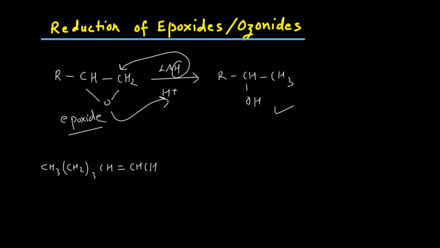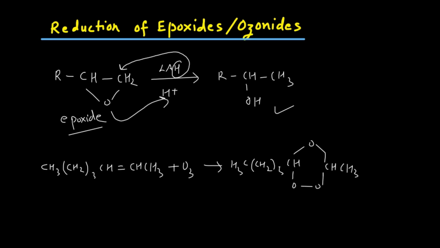This is your alkene, and you do the ozonolysis for this one, so this is ozone. So what you will have is CH3, CH2 three times, this is your CH, oxygen, and this is your CH and CH3, and then oxygen.